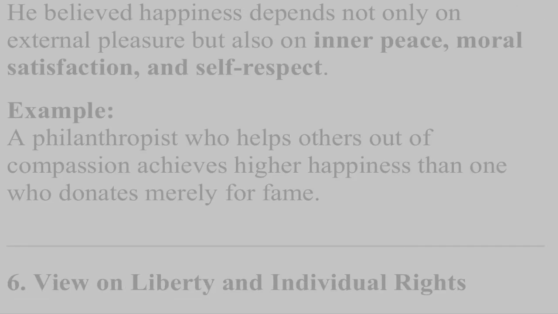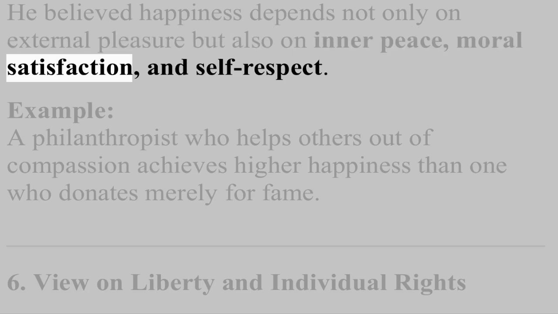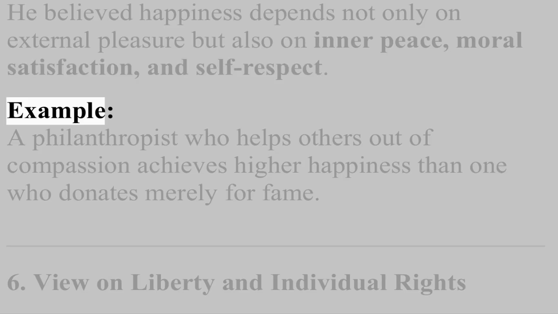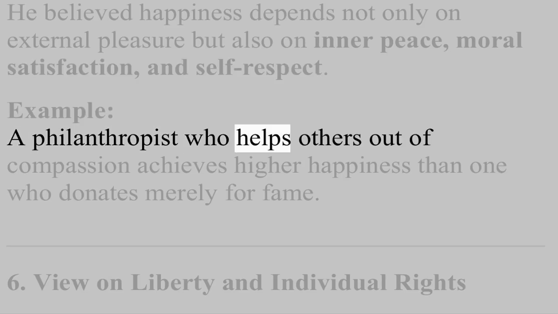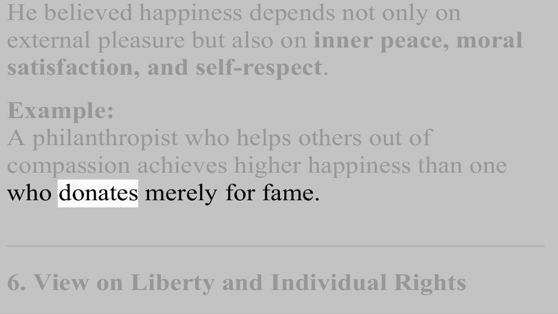He believed happiness depends not only on external pleasure but also on inner peace, moral satisfaction, and self-respect. Example: a philanthropist who helps others out of compassion achieves higher happiness than one who donates merely for fame.